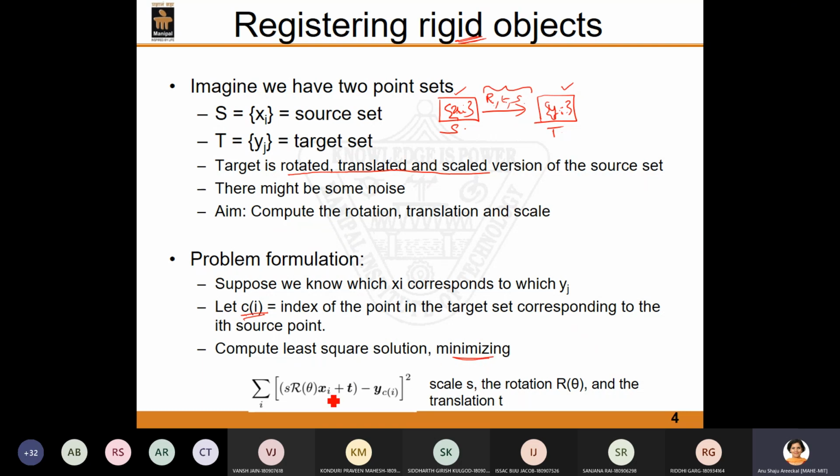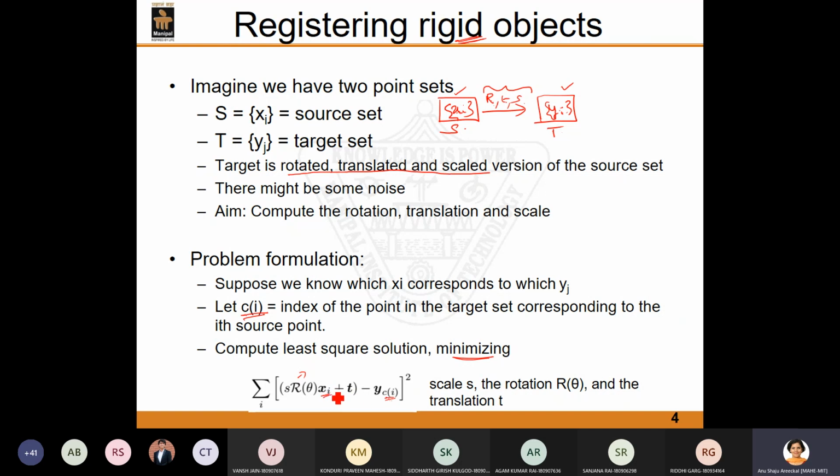So what that means is I apply the transformation on the source image, so this is basically my transformed source image. From the transformed source image, I subtract the corresponding points in the target image. Here xi are the points in the source set, and yi are the points in the target set. yci are the points in the target space which correspond to the points xi.